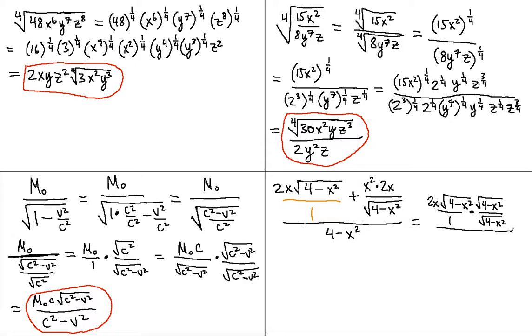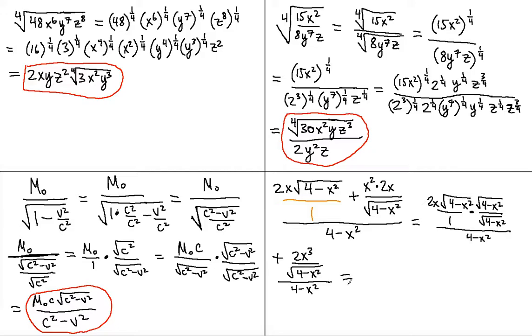Again, this will be divided by 4 minus x squared, plus, this is untouched, right, because it has the denominator that we wanted to find for the first fraction. So 2x to the third, let's combine these two guys, and then square root of 4 minus x squared divided by 4 minus x squared.